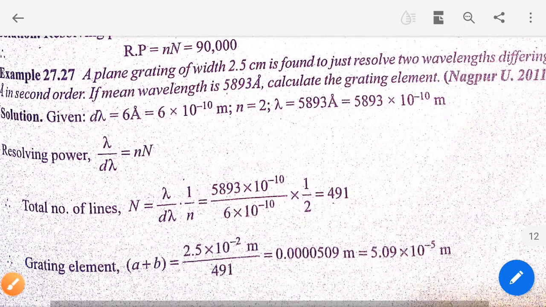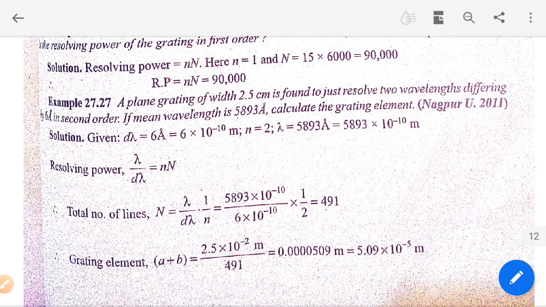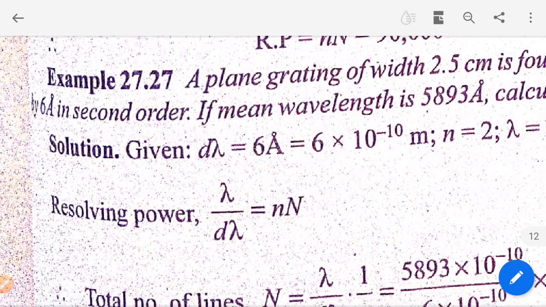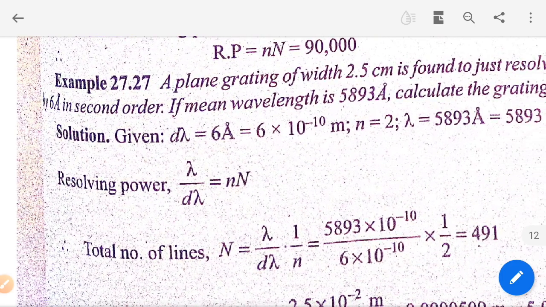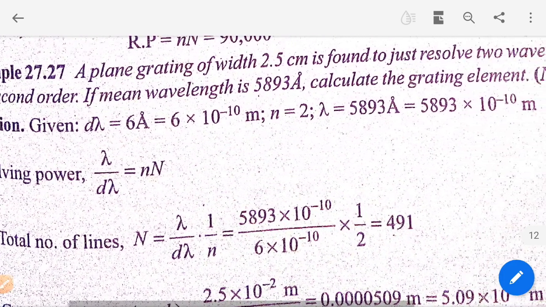Next one: a plane grating of width 2.5 centimeter is found to just resolve two wavelengths differing by 6 angstrom in second order, if the mean wavelength is 5893 angstrom. Calculate the grating element.